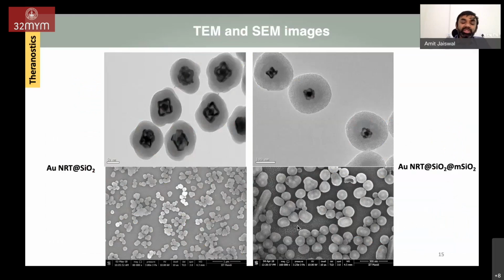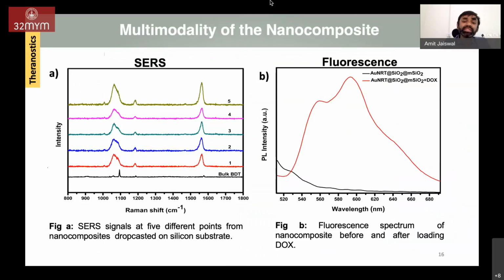So this is the TEM image of the nanostructure. You can see the nanocore nanorattle lying inside the solid shell as well as the porous shell of the silica nanoparticle. And this particular slide shows the SERS performance as well as the fluorescence performance of the nanostructure. Generally, it is observed that whenever a fluorophore is present in the vicinity of a metal nanostructure, it quenches.